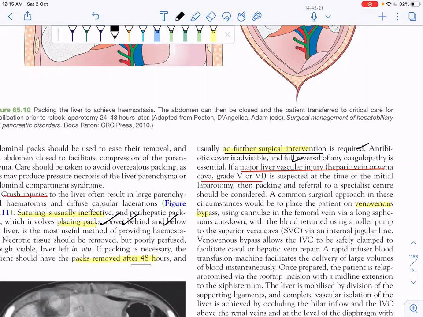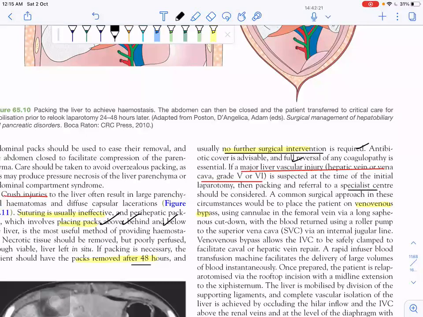If a major liver vascular injury is there, for example a hepatic vein or vena cava injury, grade 5 or 6, the major vascular injuries, at that time you have to do initial laparotomy packing and refer to a specialized referral center.